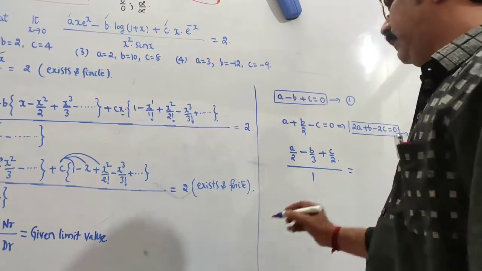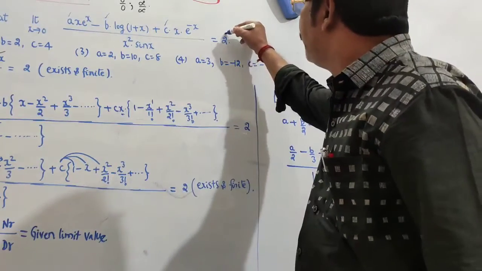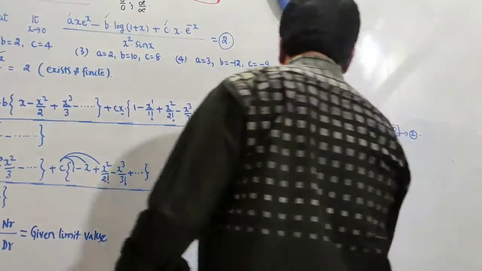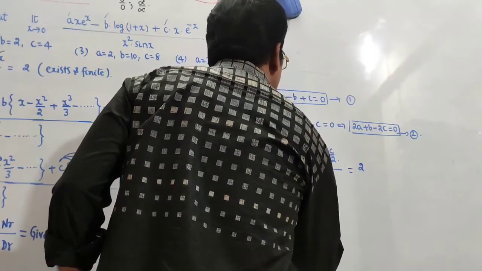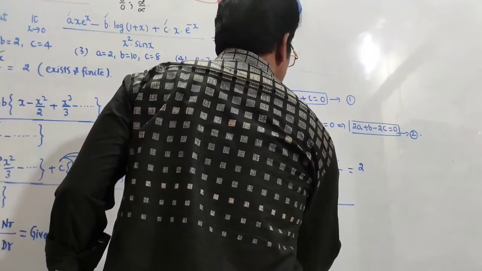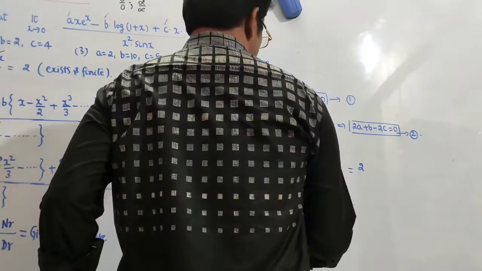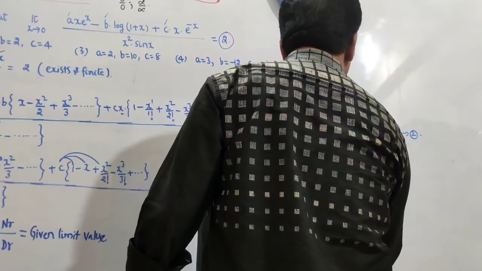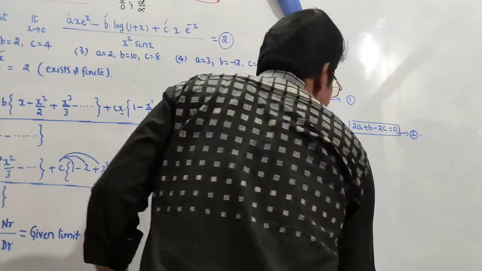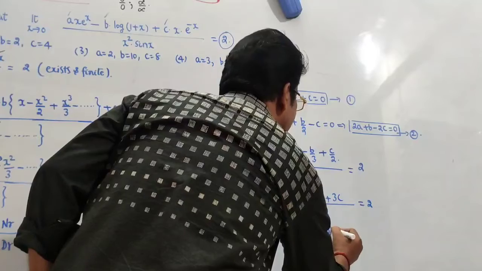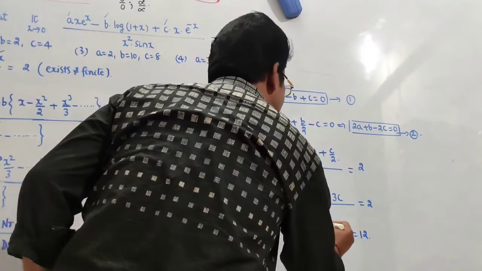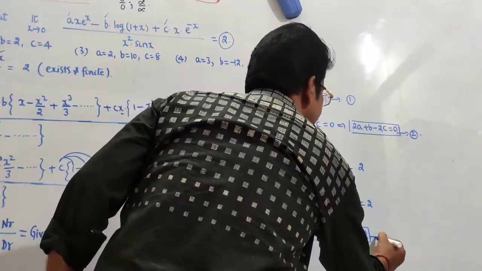So that is equal to the given limit, which is 2. So on simplification, taking LCM 6, it is 3a minus 2b plus 3c equal to 12. This is equation number 3.